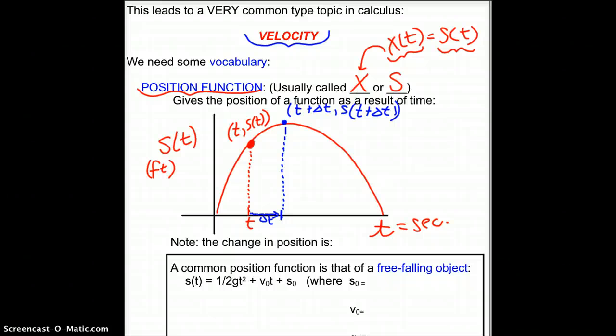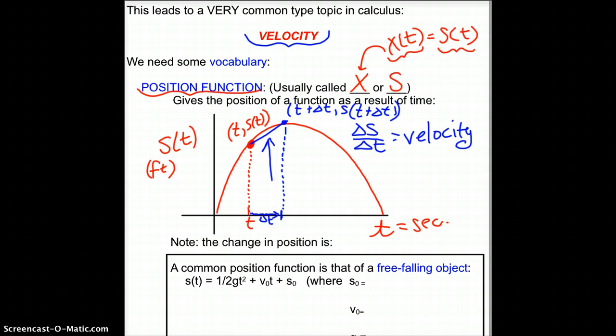So if you were to draw a secant line and find its slope, what you would be doing is finding the average change in distance over time. And a lot of times you'll see this written like this: change in distance over change in time. And we know that change in distance over change in time is velocity. But if you do it as is here with this line, you will be giving me the average velocity.